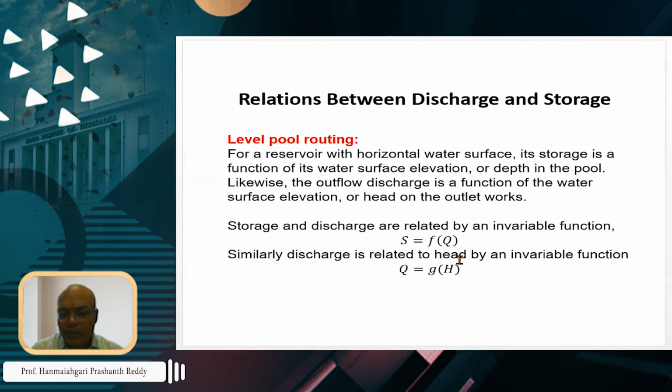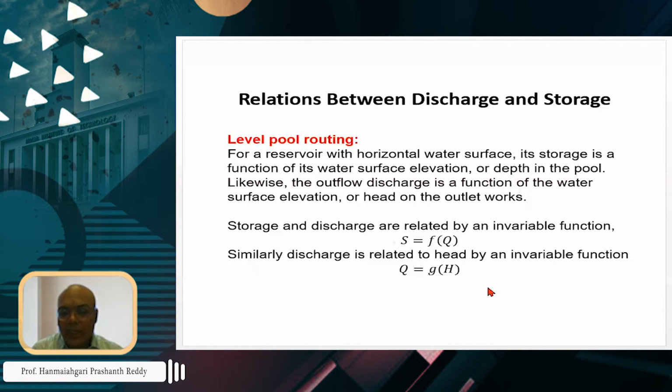Then the outflow discharge is also a function of the depth of flow in the reservoir, and for a given outflow discharge, there is only one water depth in the reservoir. So this relation is called an invariable relationship or invariable function.